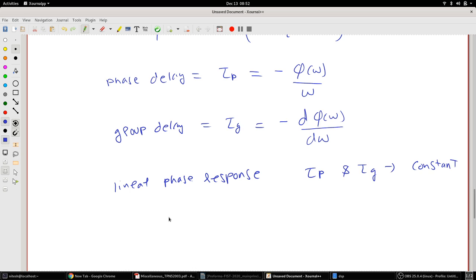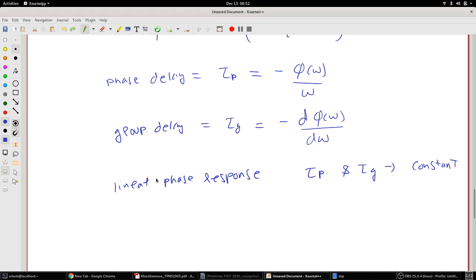That means it should not be dependent on omega. This is a requirement for your system to have a linear phase response. This should be independent of the frequencies.